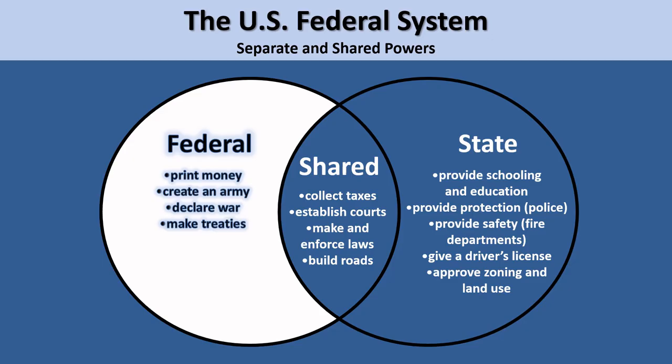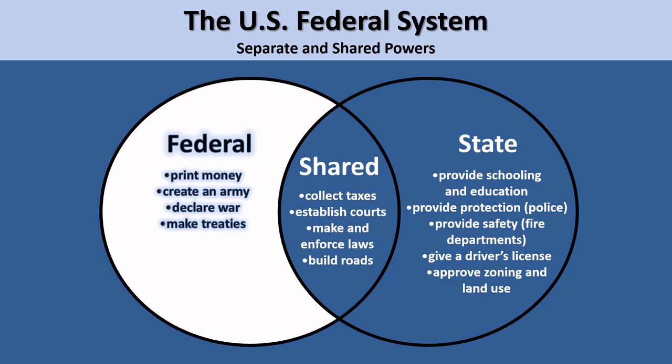This is why you'll never see people paying for goods or services with Connecticut dollars or Texas dollars, only with US dollars. Also, only the federal government is allowed to create an army, declare war, or make treaties with other countries. According to the nation's constitution, state governments cannot raise a military or decide on their own to go to war against other countries.